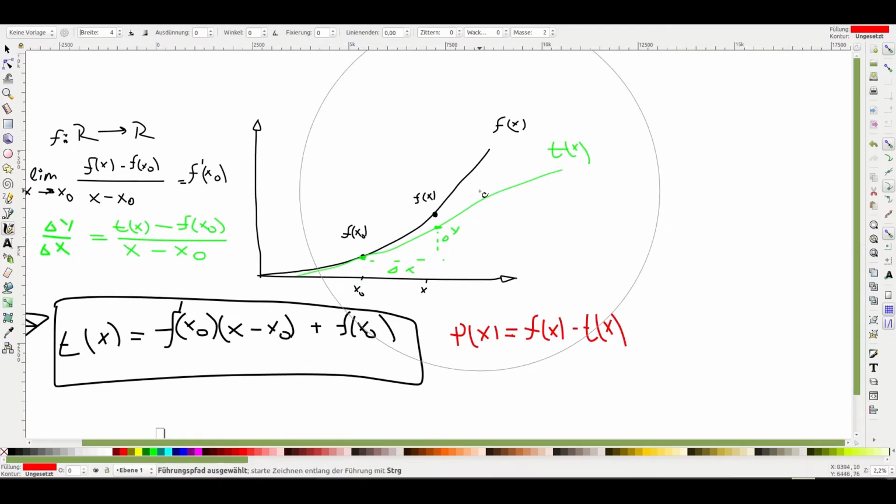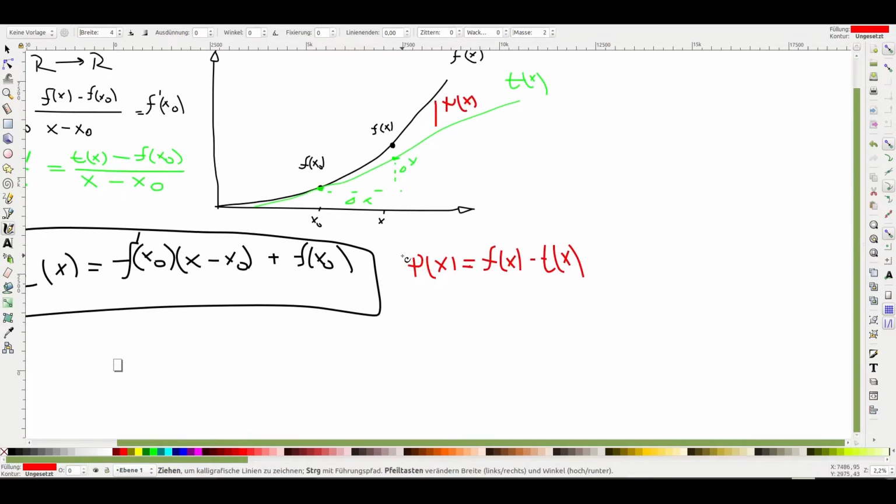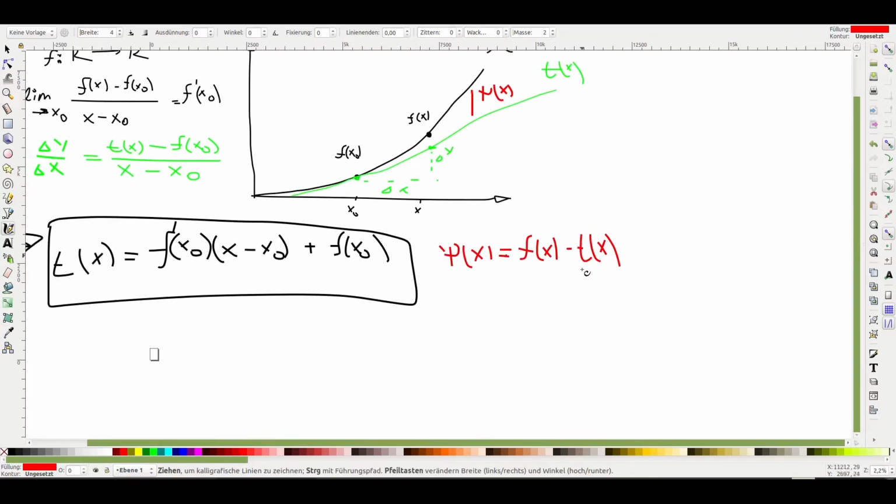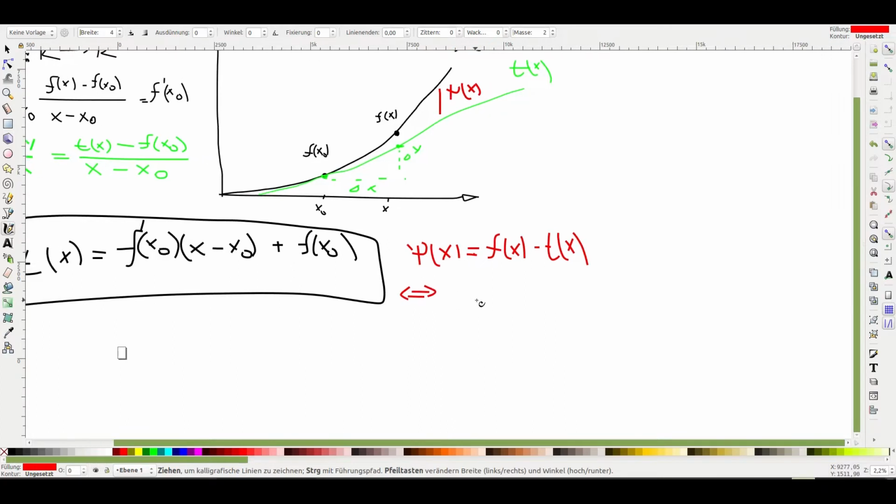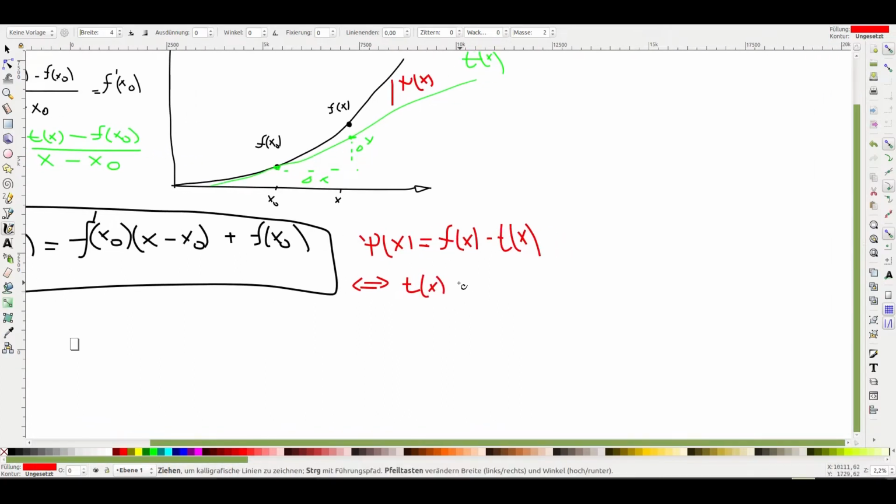Now, if you take a look at this graph, psi of x is nothing but the distance here between f of x and t of x, or the gap if you want. Now if we solve this for t of x, this is equivalent to t of x equals f of x minus psi of x.